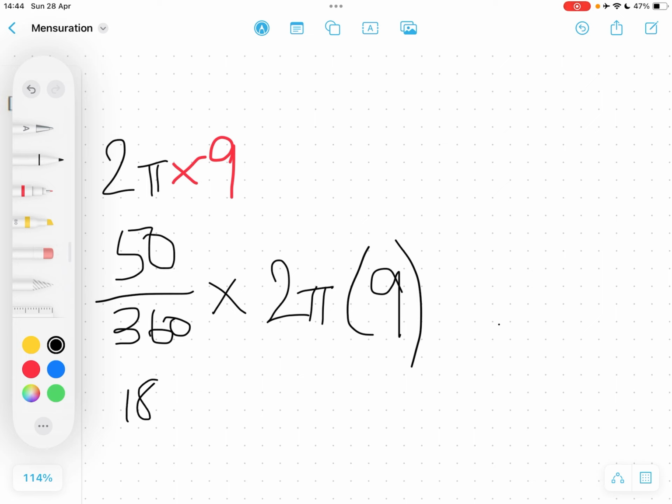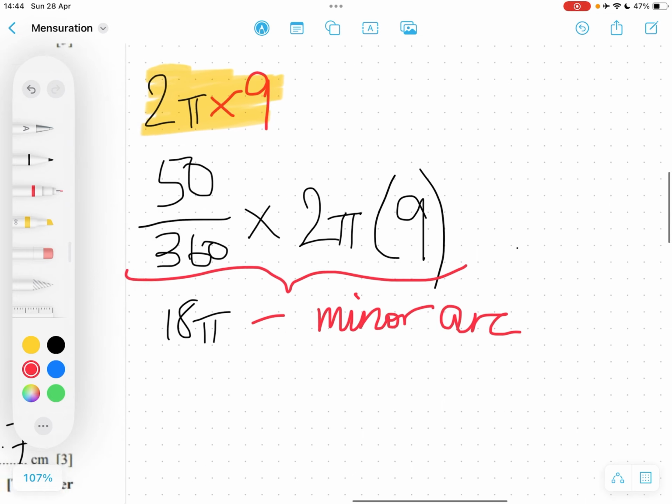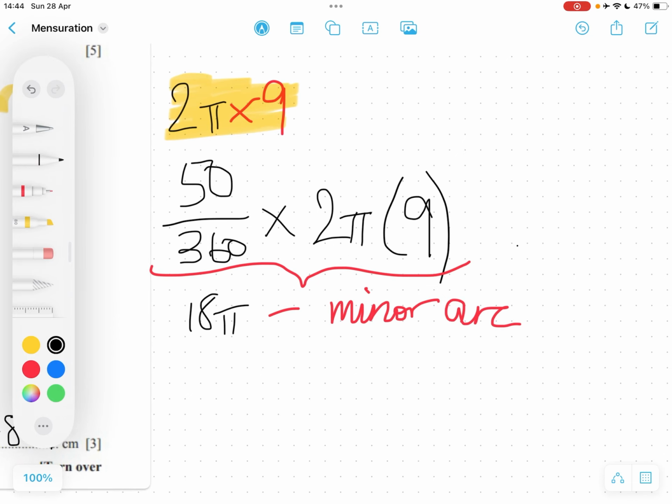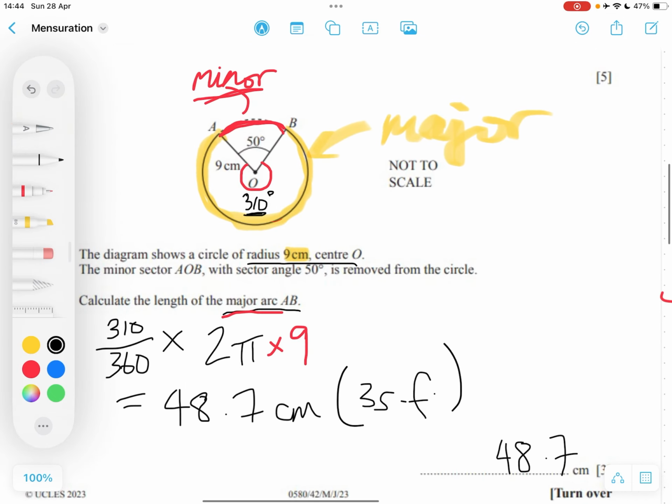So that would give us 18 pi, which is the entire circumference, minus the length of the minor arc, which is this part here. And you'll find that if you put that in the calculator, you will also get 48.7 centimeters as our answer, which is the same as this. But I just think that this method is quicker.